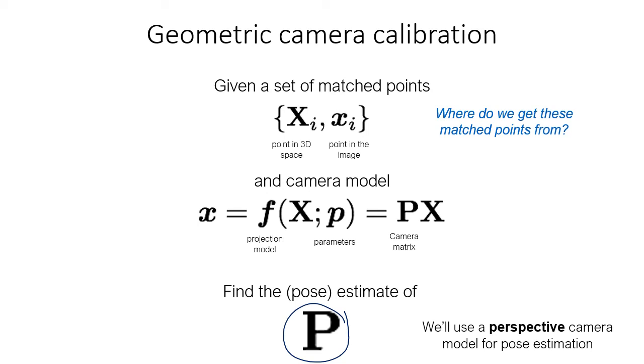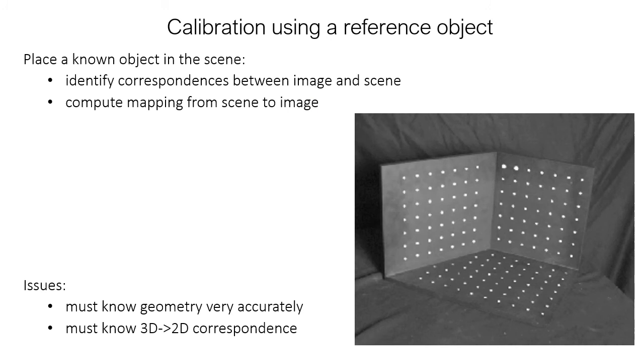Then where do we get these matched points from? These correspondences between points in 3D and points in the image. For calibration, we need a reference object, as shown here. So we call it a camera calibration pattern or camera calibration object.